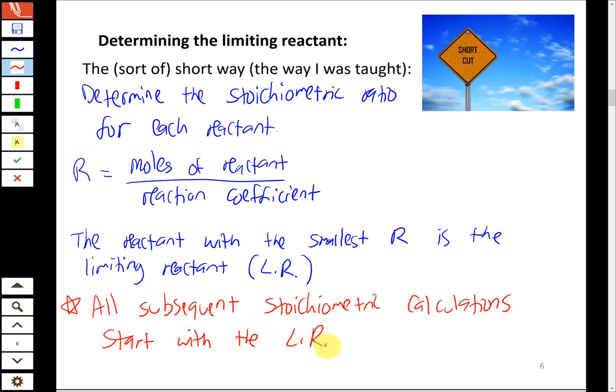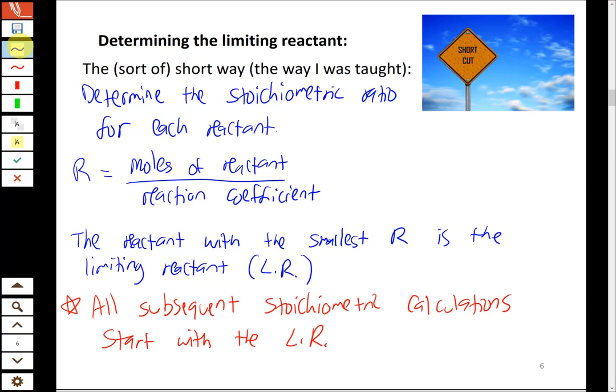And that's because the limiting reactant is the one that's going to react completely, and it's going to limit, as the name implies, how much product can form if you're trying to calculate that. So any calculation you do must begin with the limiting reactant in a situation where you have that to worry about.